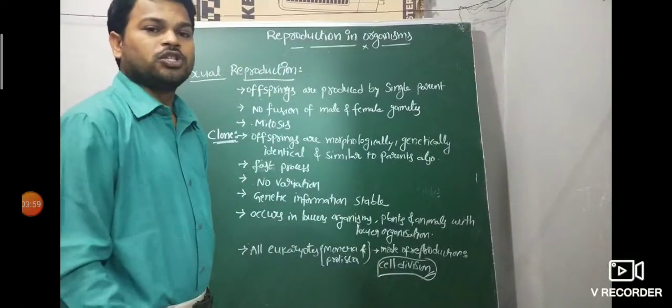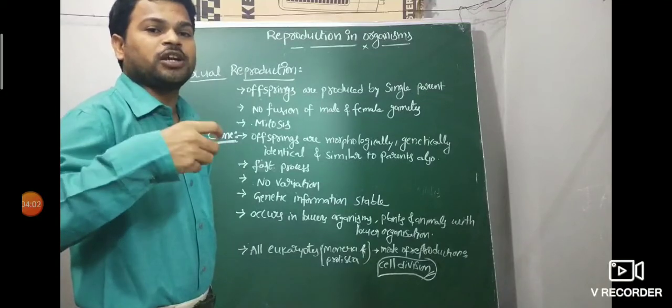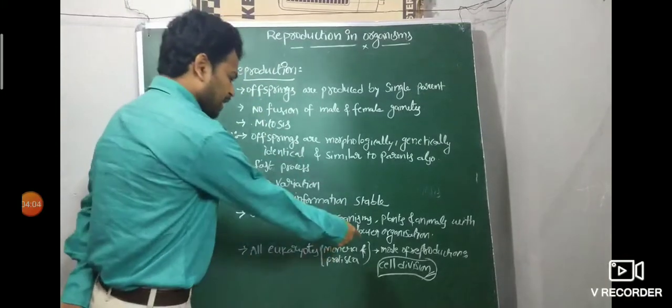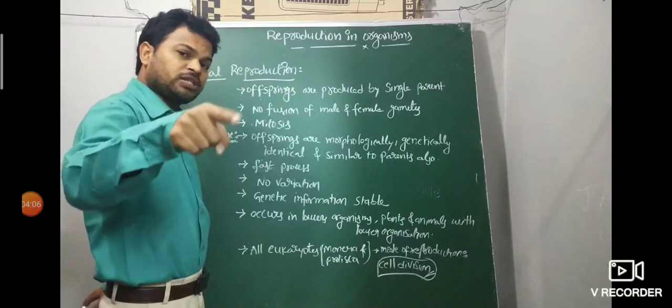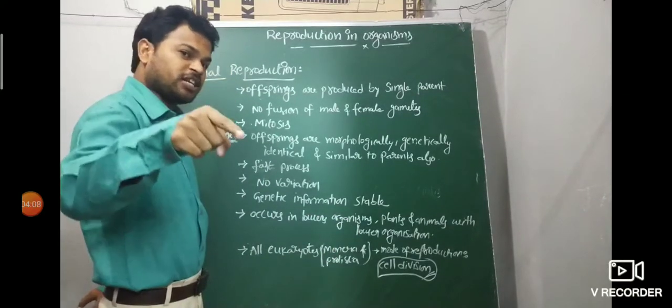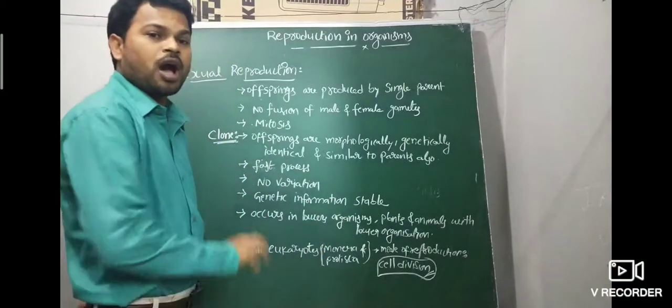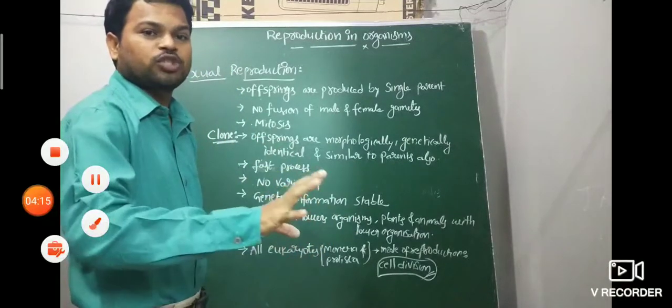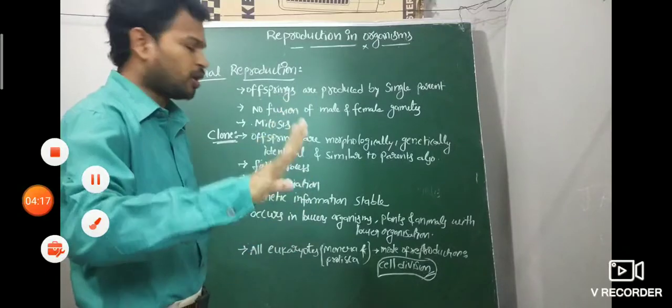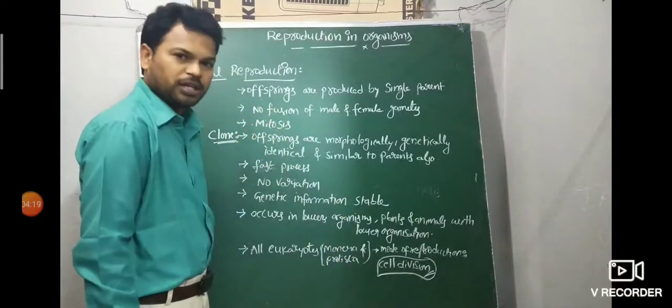Very important. What is the mode of reproduction in all eukaryotic organisms? Cell division. Which mode of reproduction is present in Protista? Asexual mode, cell division. So all eukaryotes having asexual reproduction, the mode is cell division only.